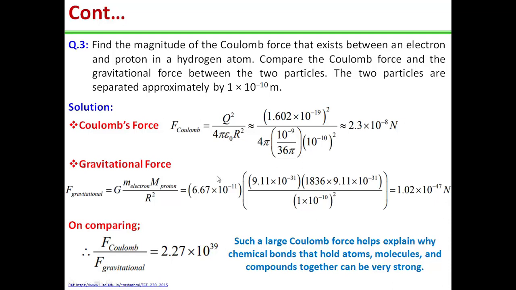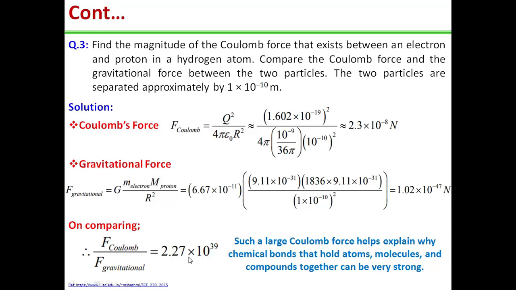Now let us compare these two forces, the force due to Coulomb and the force due to gravity. We find here that F Coulomb divided by F gravitational is equal to 2.27 × 10^39. That means the Coulomb force is 2.27 × 10^39 times the gravitational force.